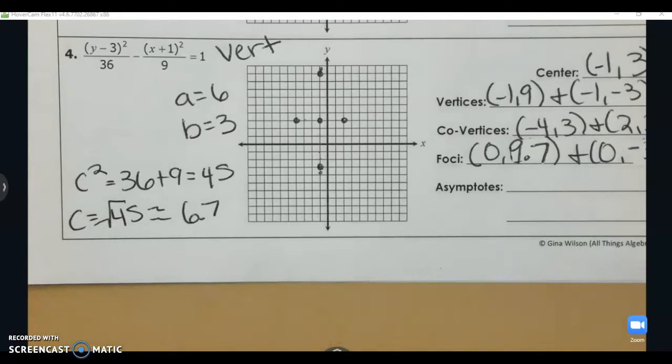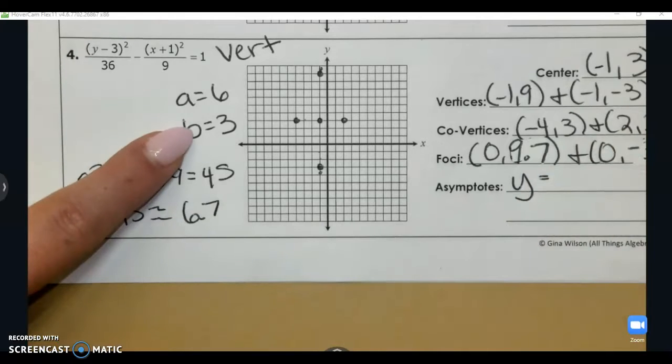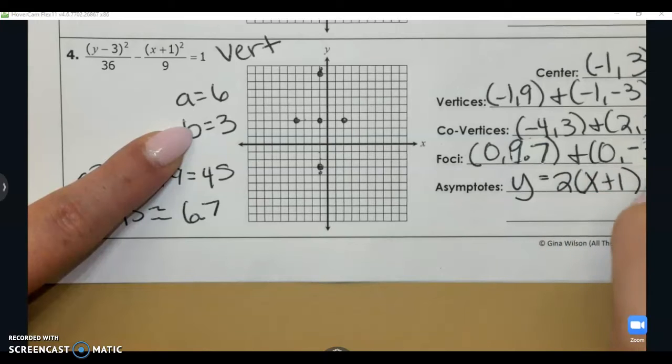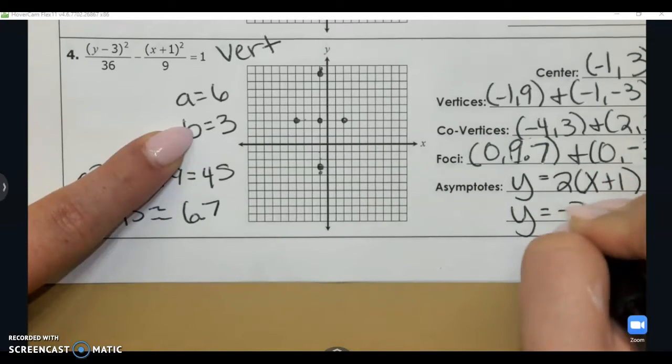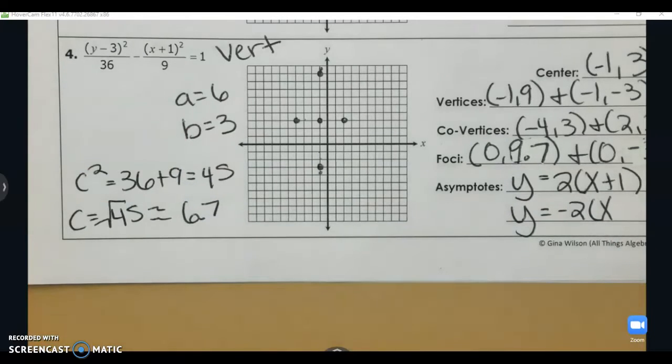All right. So our asymptotes. This is a vertical hyperbola, so that slope is going to be plus or minus a over b. So that was going to be 6 over 3, so that's going to be 2. So one of these is going to be 2, and one of them is going to be -2. That should be -1.